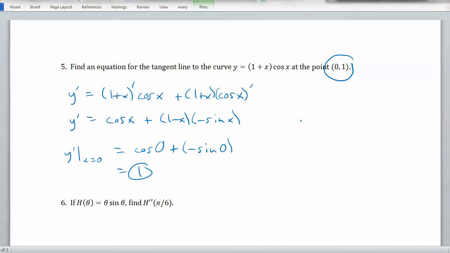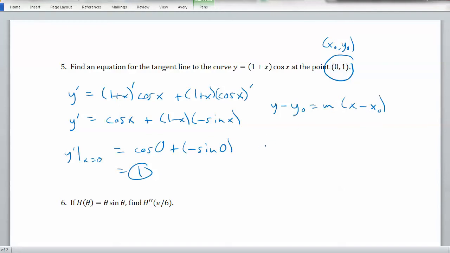And then if you remember your point-slope form for the equation of a line, it's y minus y naught equals m times x minus x naught, where x naught, y naught is any point on the line, for example 0, 1, and m is the slope, which we just found to be 1.